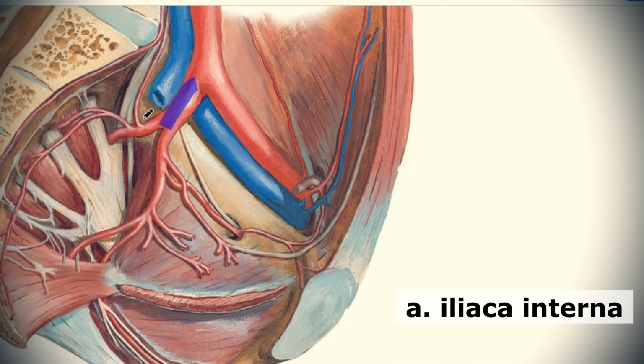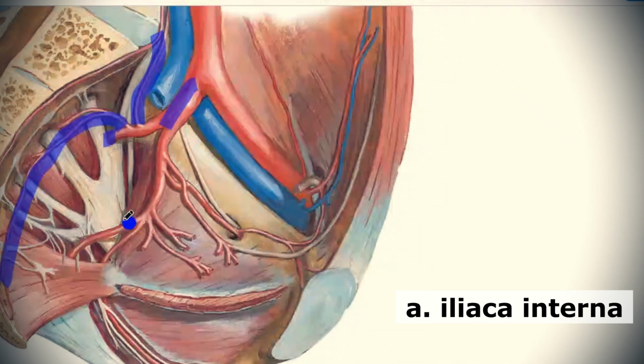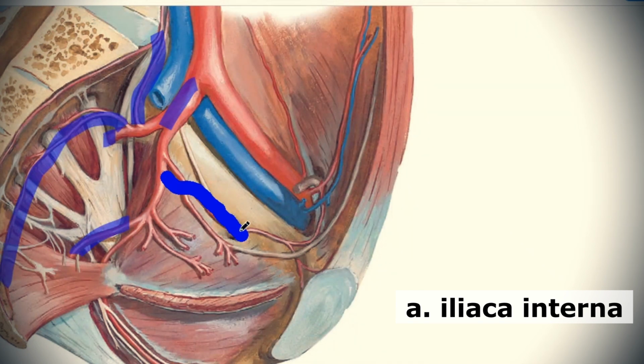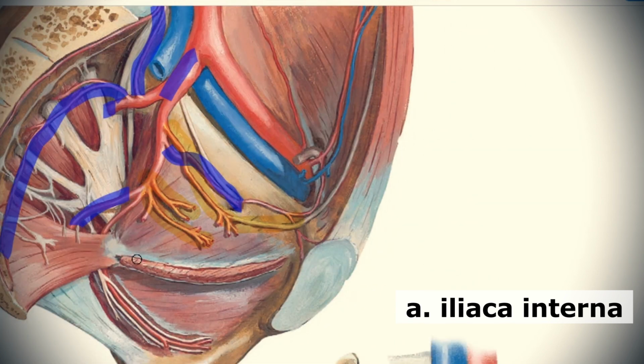Parietal vessels are arteria iliolumbalis, arteria sacralis lateralis, arteria glutea superior, arteria glutea inferior, and arteria obturatoria. Visceral vessels will be arteria umbilicalis, arteria vesicalis inferior, arteria rectalis media, and arteria pudenda interna.